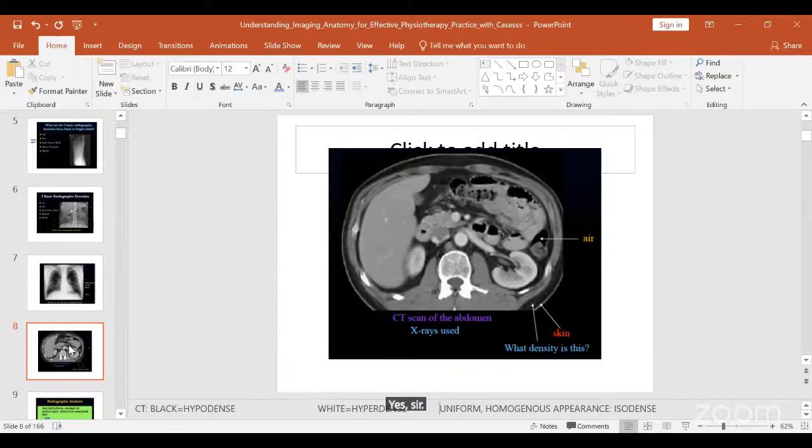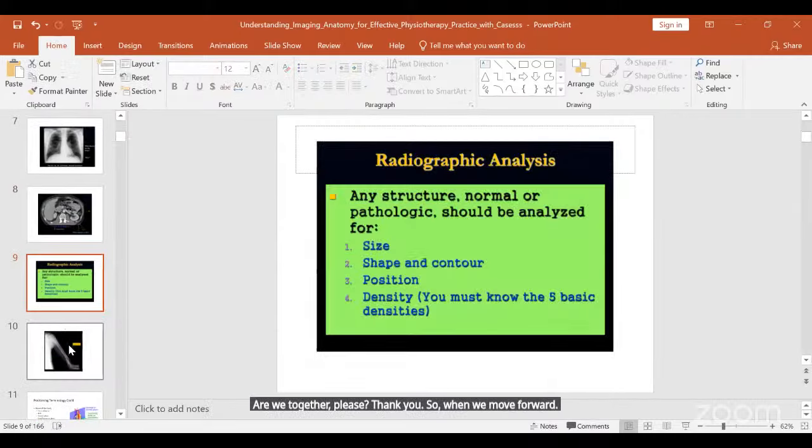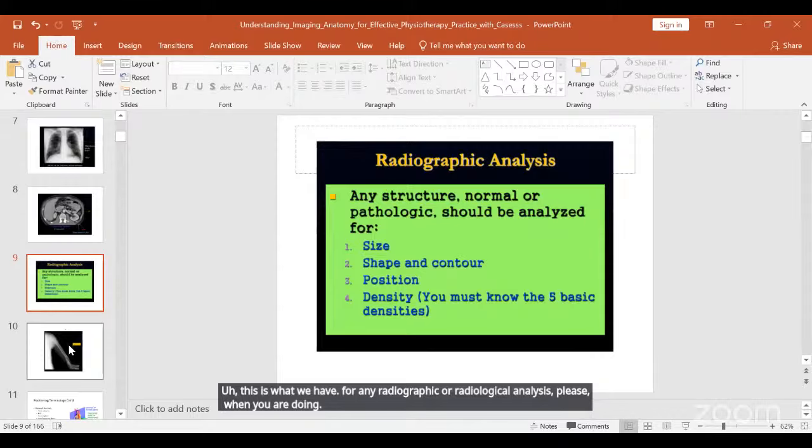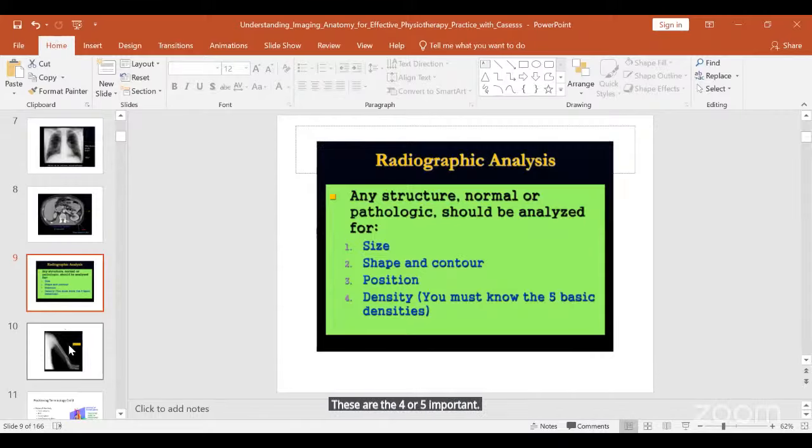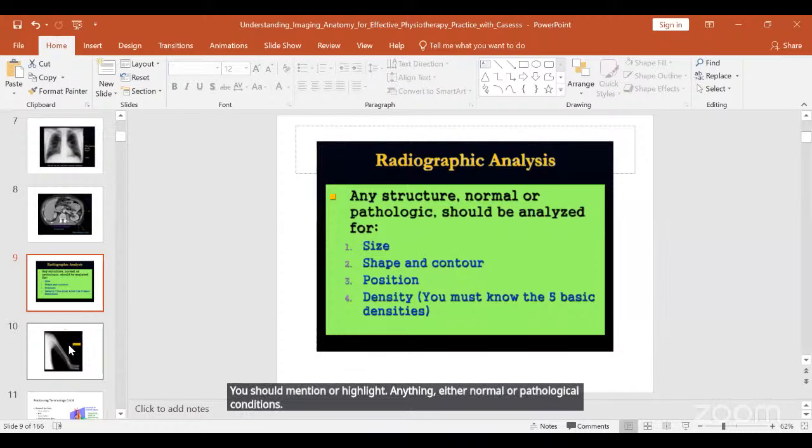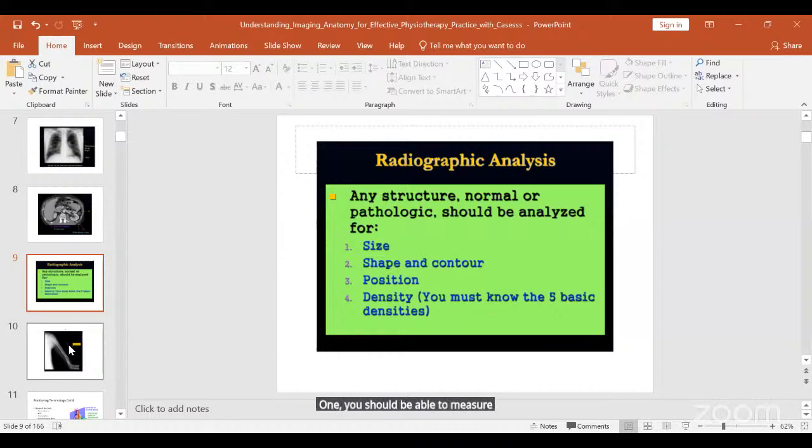Thank you. So when we proceed, this is what we have. For any radiographic or radiological analysis, whether of normal or pathological conditions, these are the four or five important points you should mention or highlight. One, you should be able to measure and state the size of the pathology. We'll have some practical illustrations subsequently. Are we together? We should be able to describe that pathology.